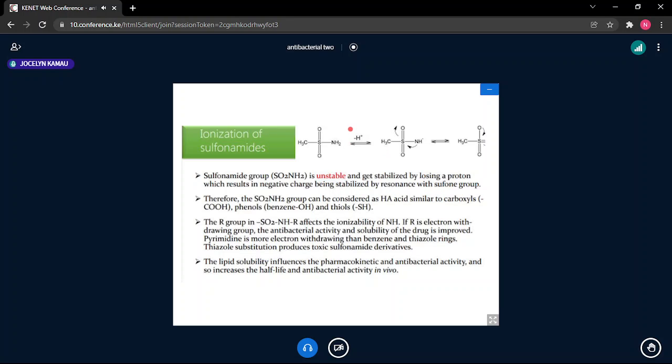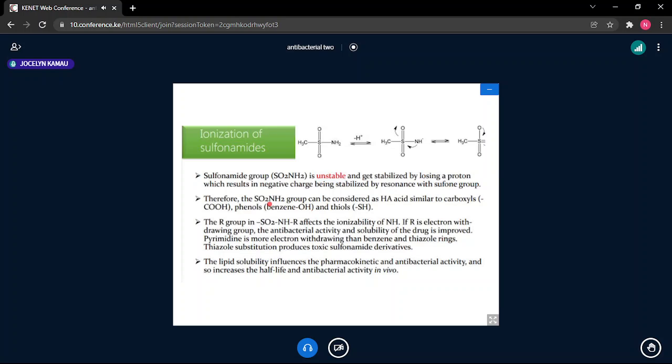Again, the same thing we had discussed: you lose that proton and you have that negative charge, and it is stabilized by the sulfone group, and then that can come in, and if that comes in, this also can go out.